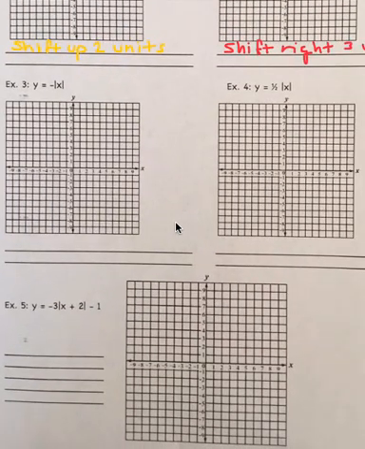Now this third one, it's the negative out front. That means it reflects across the x-axis. And that's how you want to write it. Reflects across x-axis.